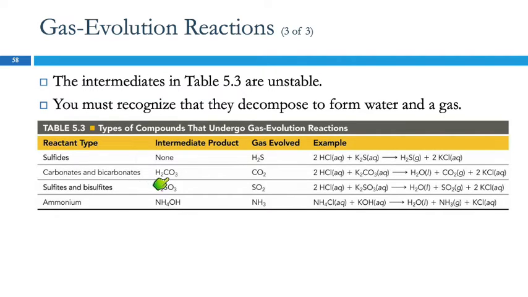If we swap ions and we get H2CO3, we need to remember that that's unstable and that it decomposes. Something that looks very much like it is H2SO3, also unstable. And then this guy that looks nothing like it, NH4OH.